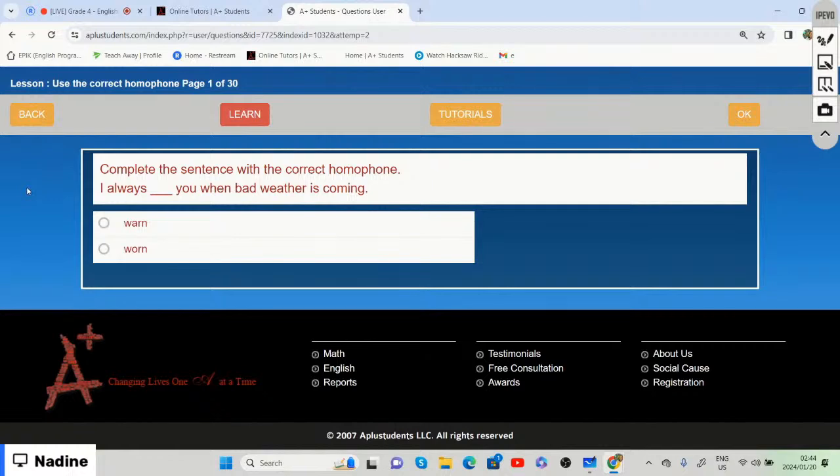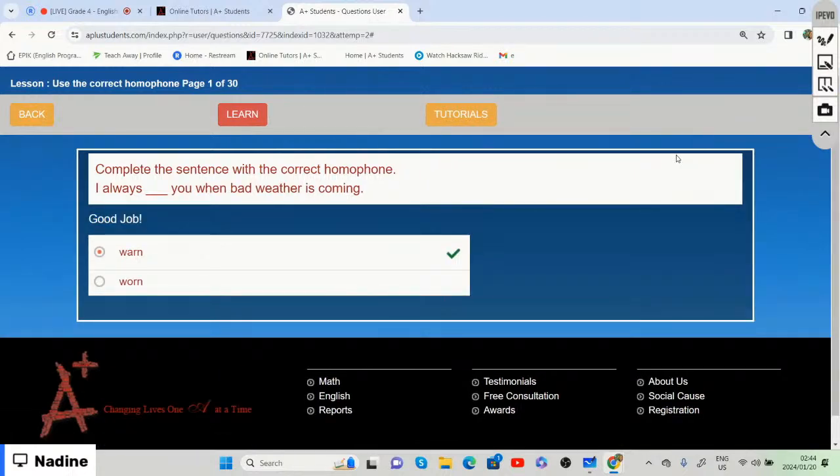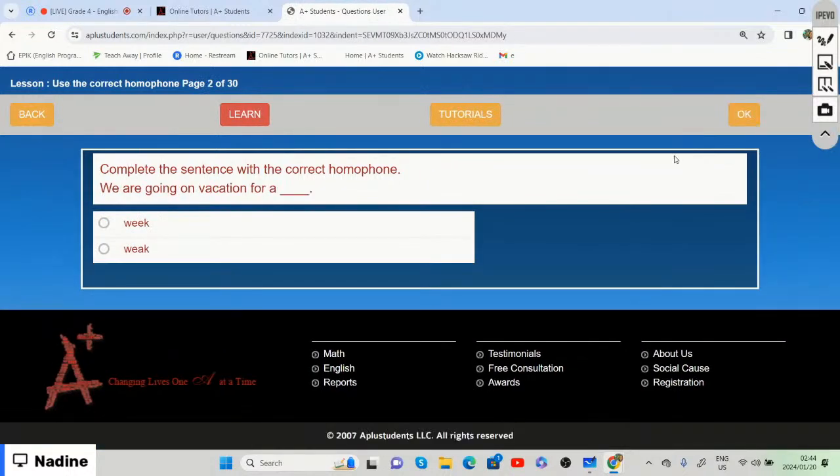And if we choose the correct one, yes, then warn is correct, right? Warn is correct because the second worn, it's like saying wearing, right? I did wear that, for example. I've worn it.